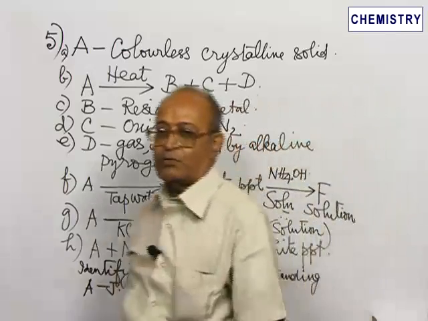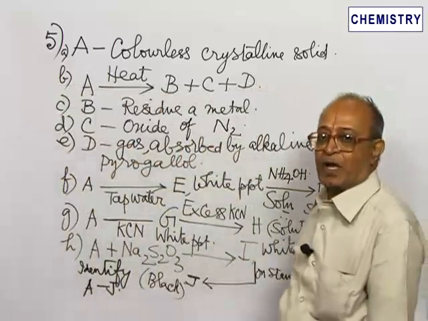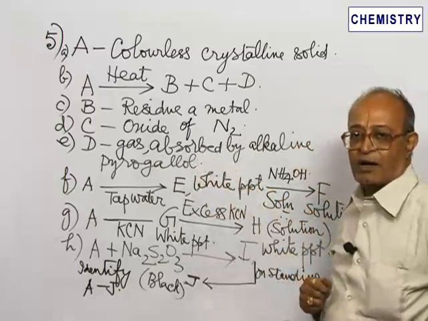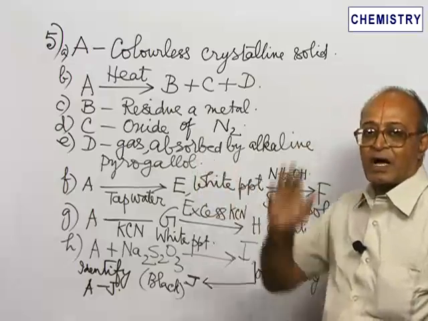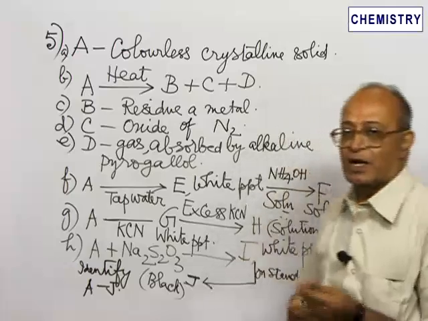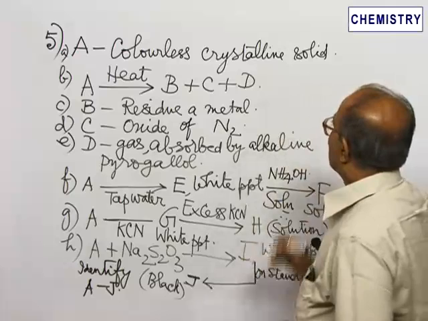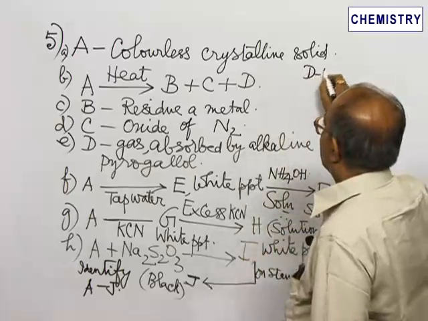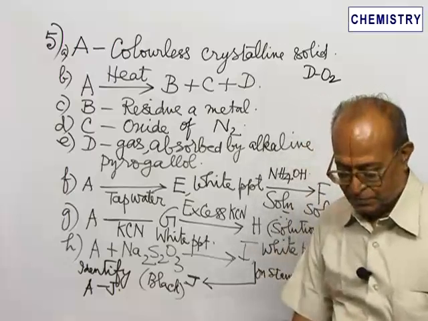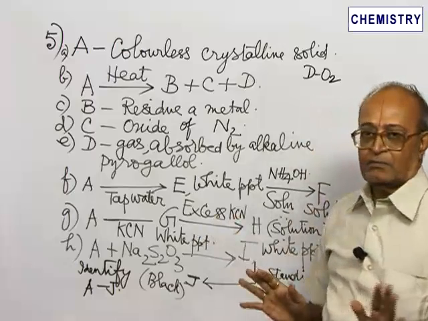Now, this is a clue regarding the identification of D. A gas which is absorbed by alkaline pyrogalol is oxygen. Alkaline pyrogalol solution absorbs oxygen. So, I come to the conclusion that D is oxygen. Of course, regarding A, B, C, I don't know anything.